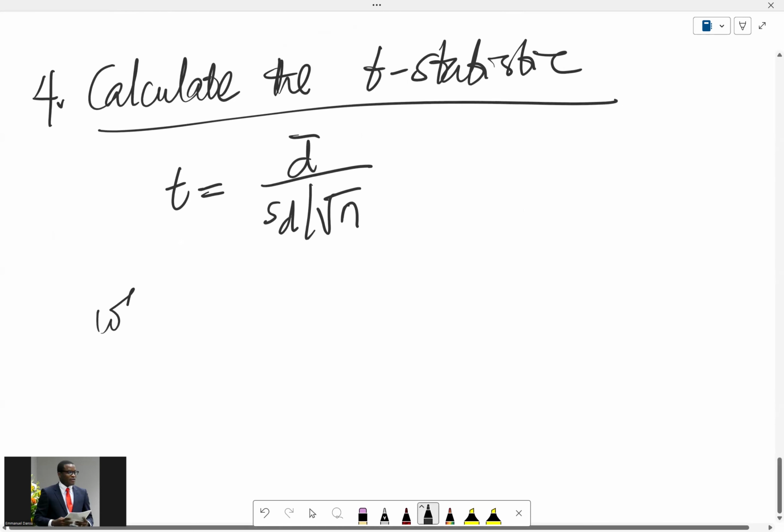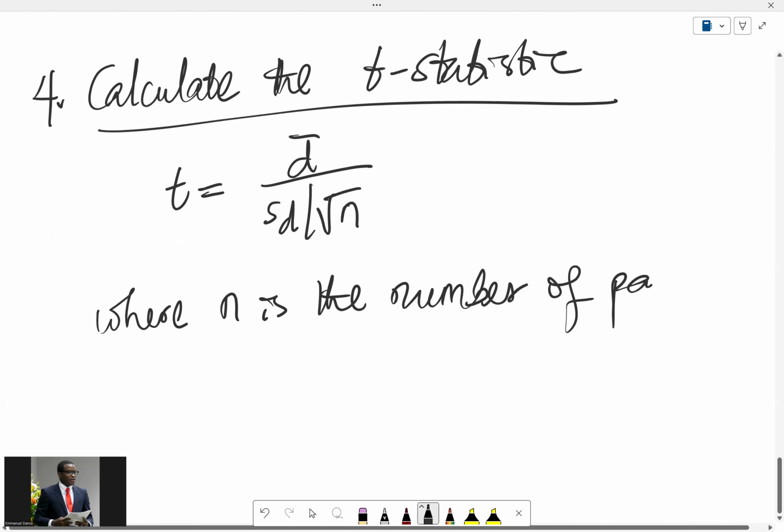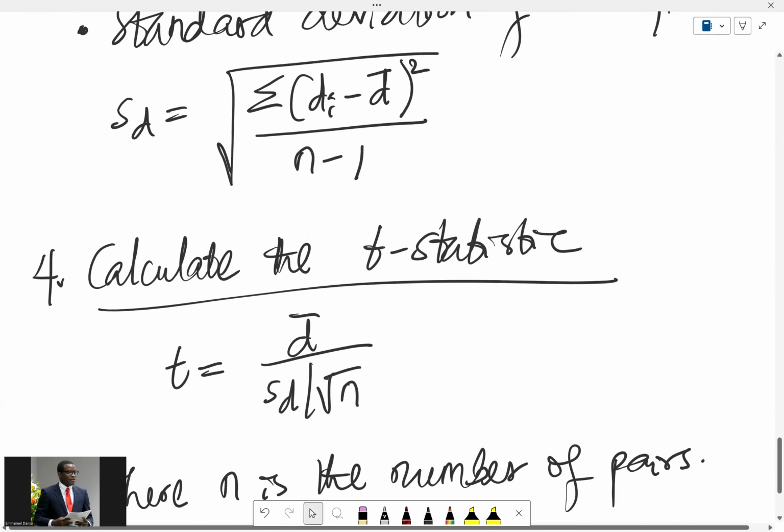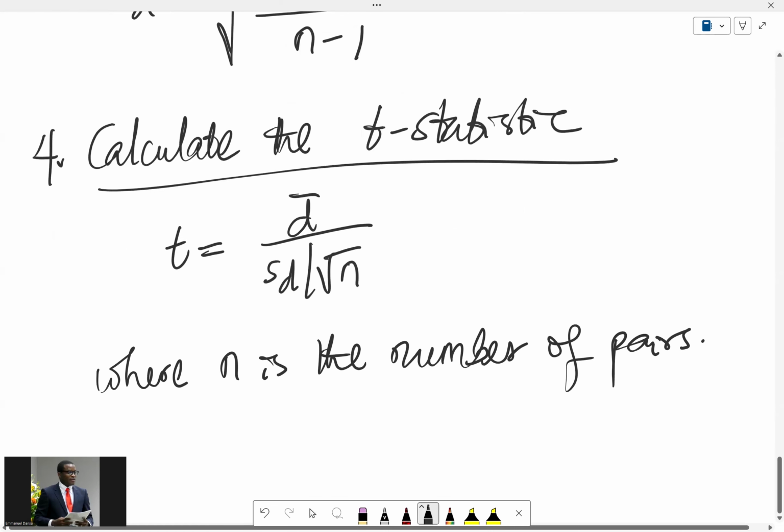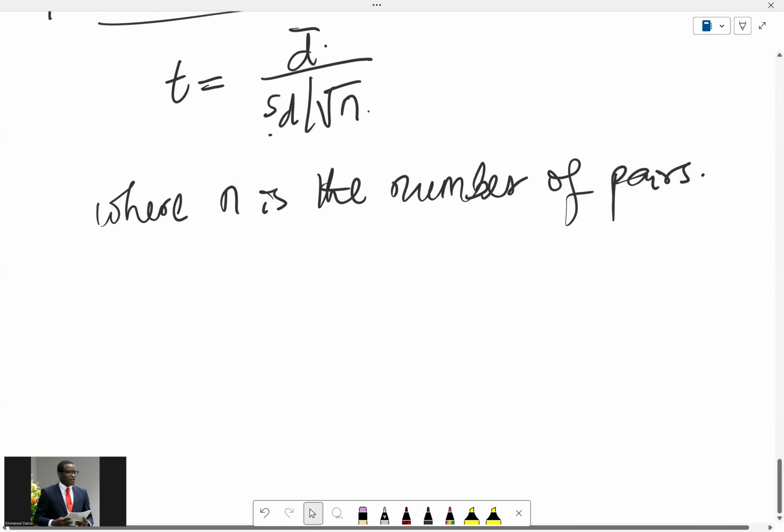Here n is the number of pairs. Of course, you already came across the standard deviation S_d. This is the mean of the difference, and this is the number of pairs that you are working with.